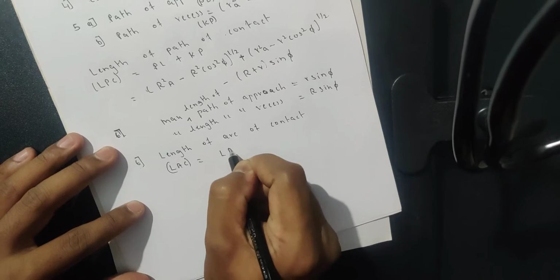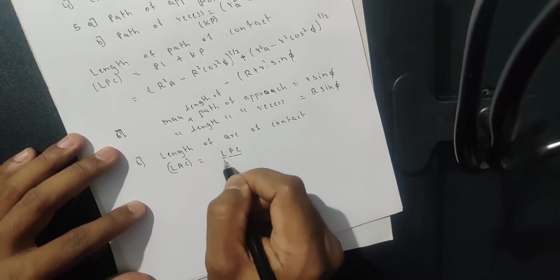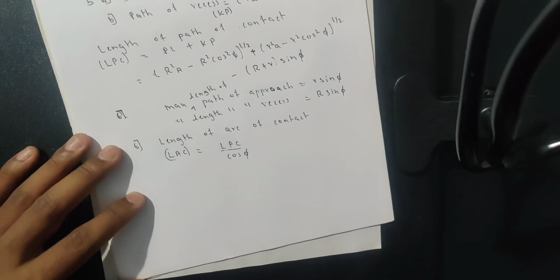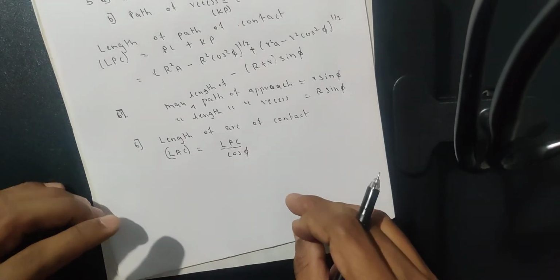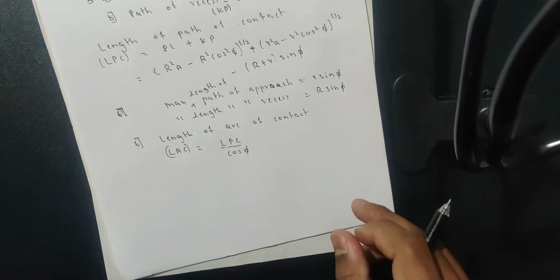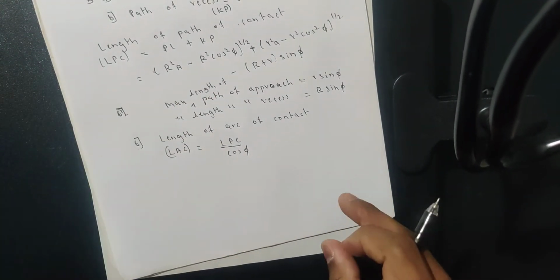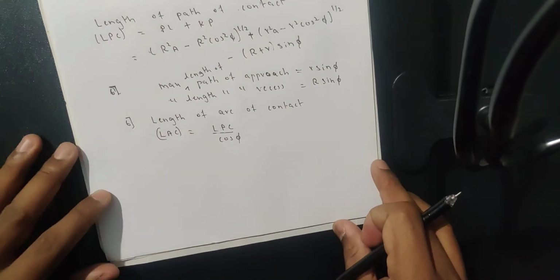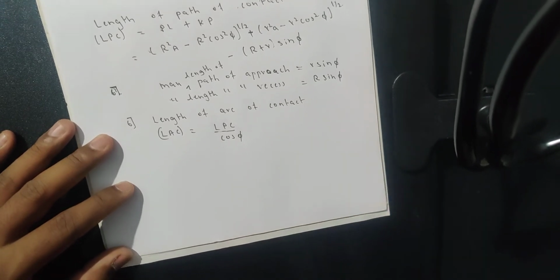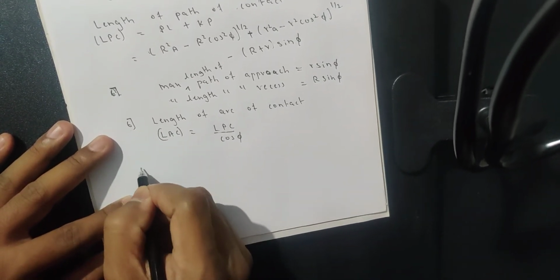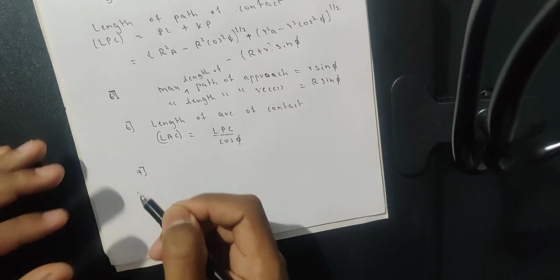It is nothing but LPC divided by cos phi. LPC is the length of path of contact, which we have already written here. If I divide it by cos phi, I will get the value of the length of arc of contact.